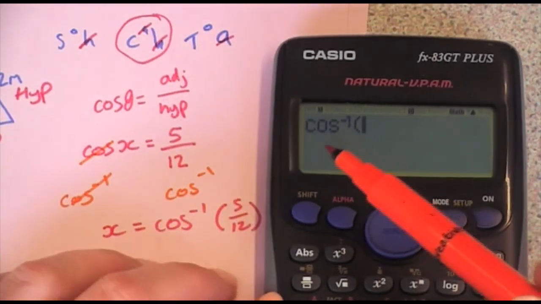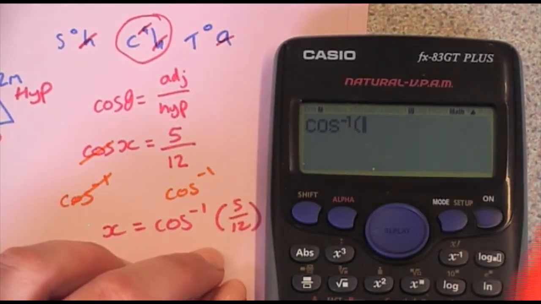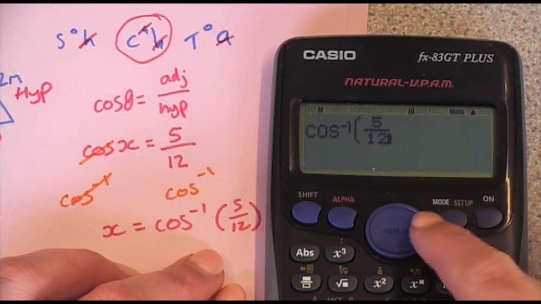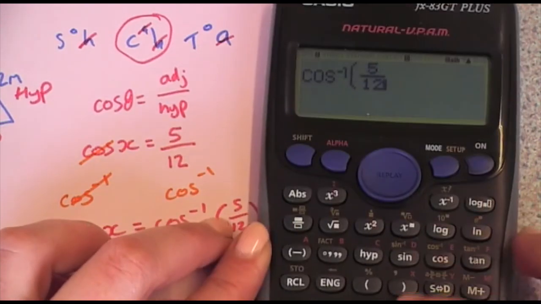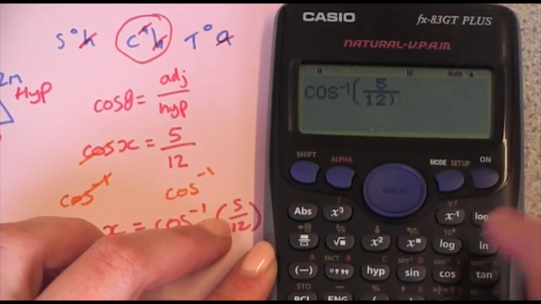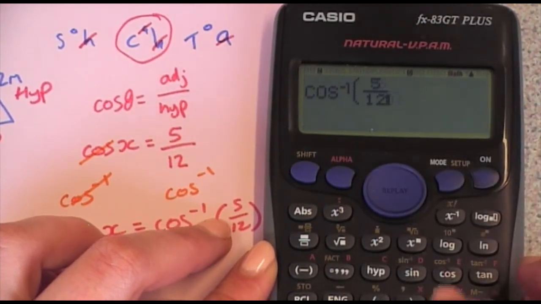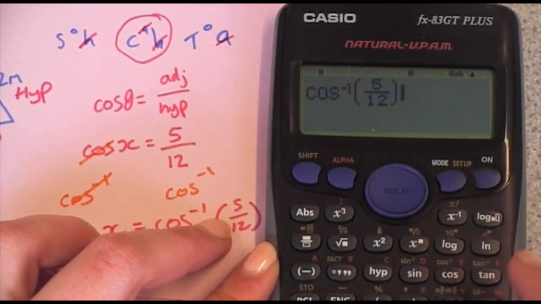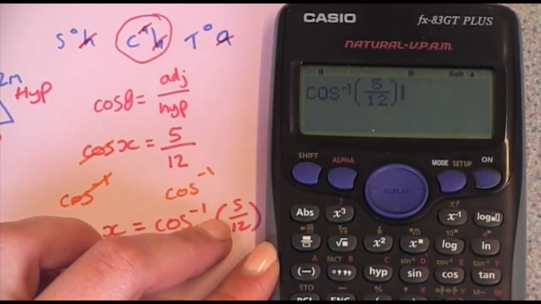So on your calculator display, you'll have cos to the -1 open bracket. I'm going to press the quotient button and I'm going to do 5 over 12. I need to close the bracket off, but if I press the bracket button as it is, then the bracket's just closed off down here. That doesn't look like what I want. So I'm going to have to press a cross out of my quotient and then close the bracket off.